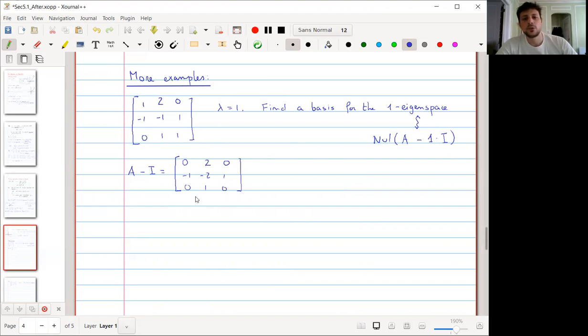Now we want to find the null space of this matrix. To do that, we solve the linear system associated with that matrix, which is given by the following: 2, 0, minus 1, minus 2, 1, 0, 1, 0, and then there's zeros here.